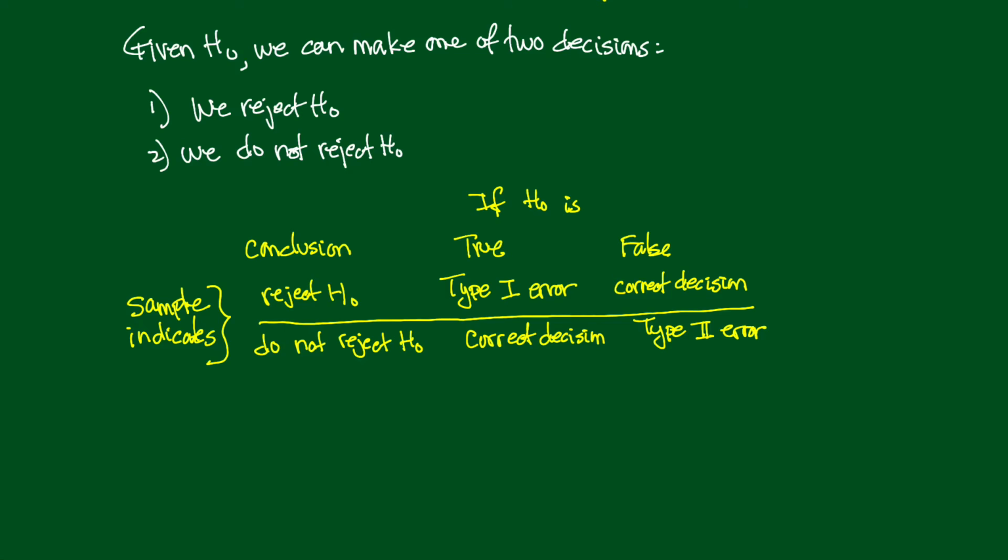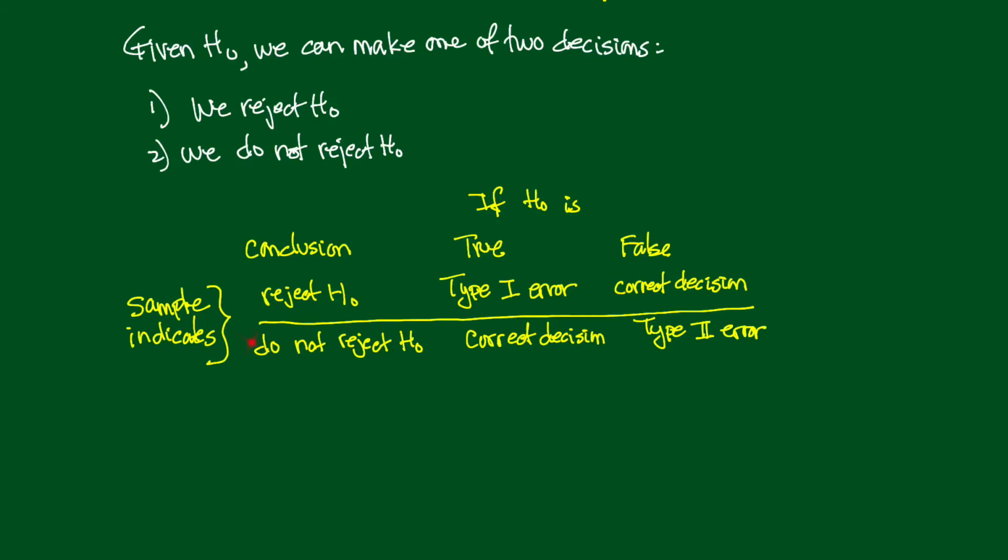We've rejected a true statement. Now, if we reject H naught, and in fact H naught is really false, we've made the correct decision. So if we reject H naught, but H naught is really true, we've made a type 1 error. If H naught is really false, then we've made the right decision.